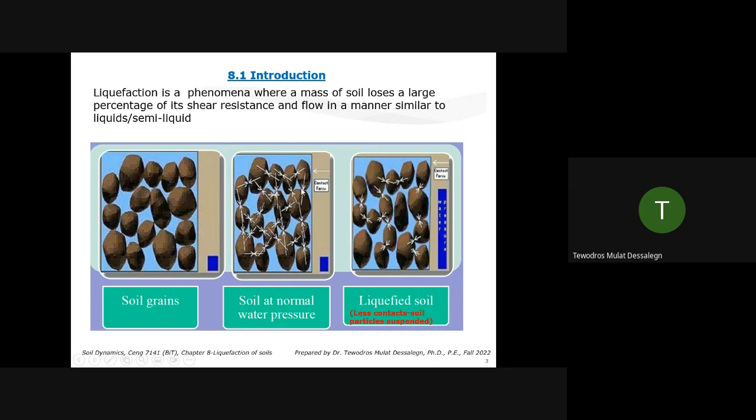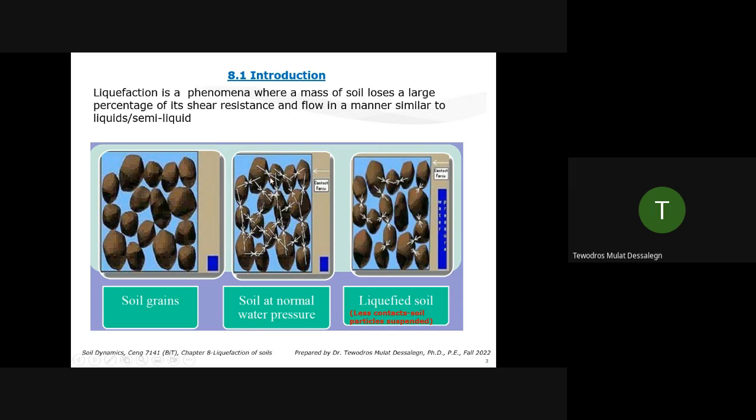But if you have some shaking, then these particles may settle down, especially in the case of loose sand. If it's clay material, you don't see that densification so quickly. But in that small duration of a seismic event, you can have a quick densification of these particles.